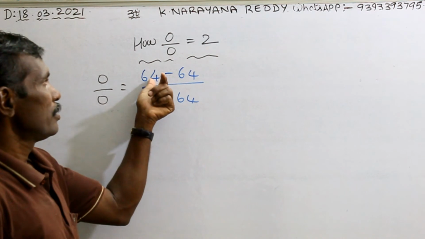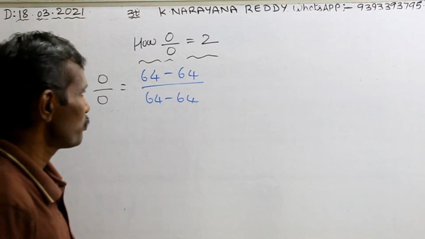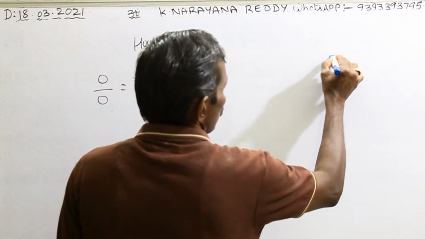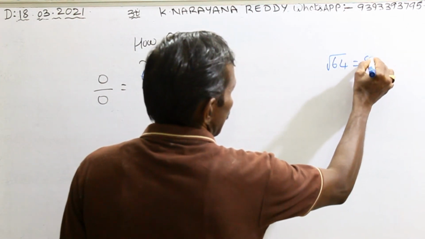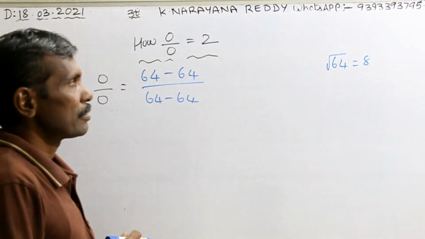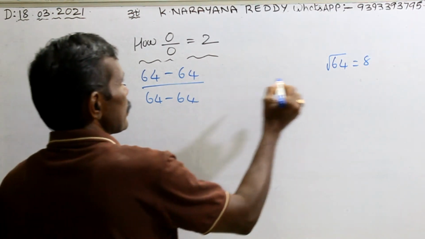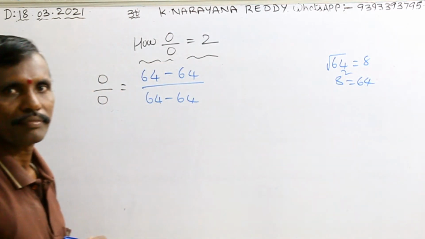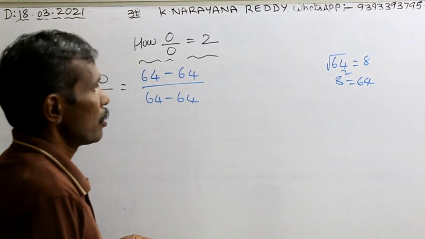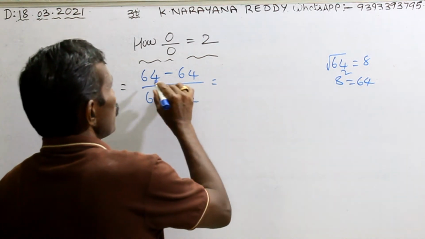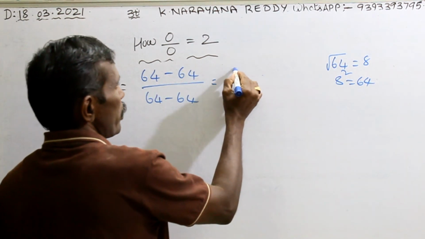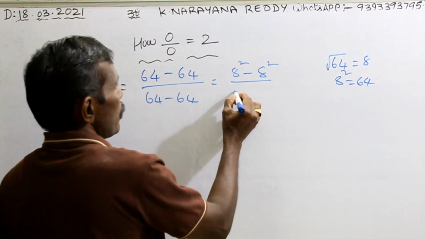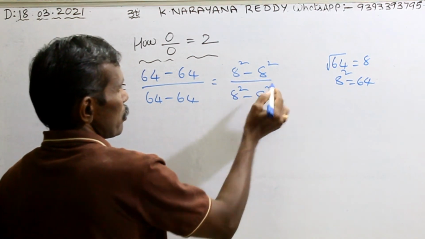Because this minus this is 0, this minus this is 0. Now, square root of 64 is nothing but 8. So I write this as 8 square equals 64. Now, I get this as 8 square minus 8 square by 8 square minus 8 square. Nothing wrong.